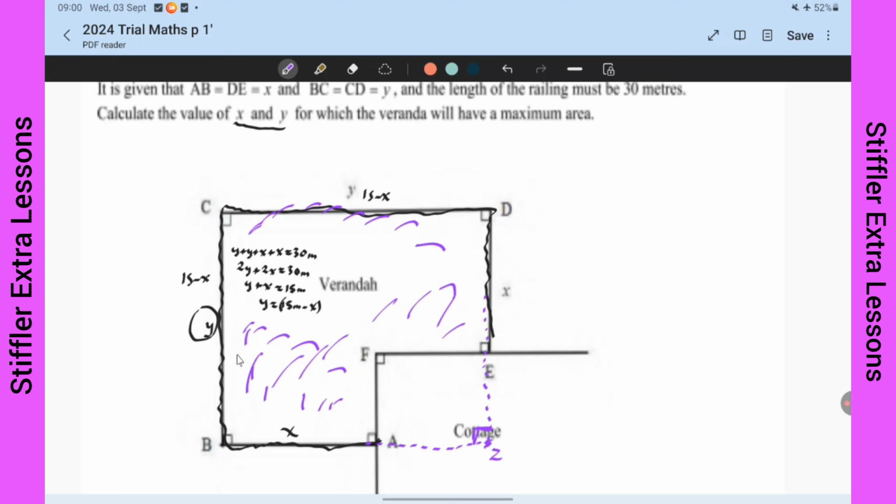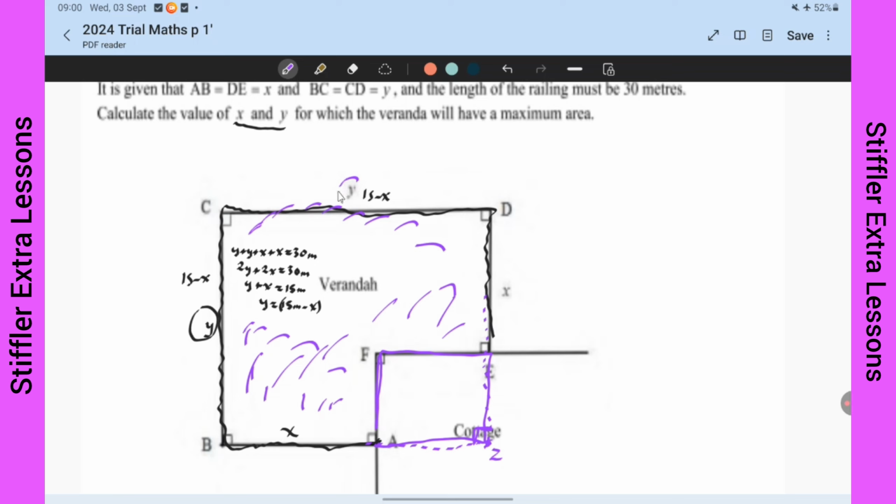So to find the area of this inside, we must first calculate the area of this bigger shape and then subtract the area of this smaller shape from that. Once we do that, we can find the area of this shape and then optimize that. But let's see all the dimensions of these shapes.